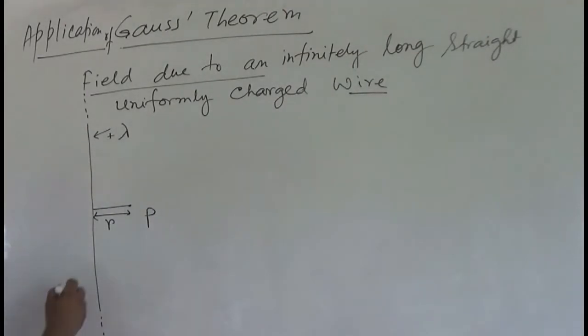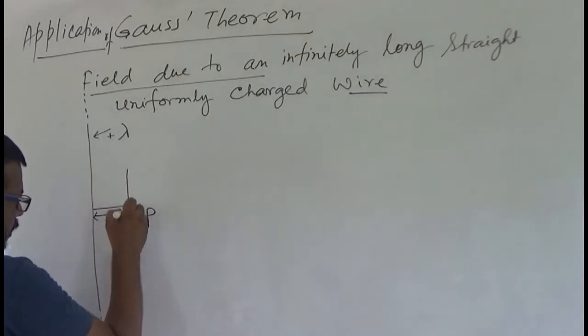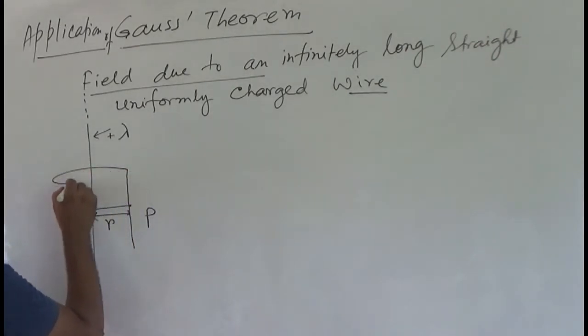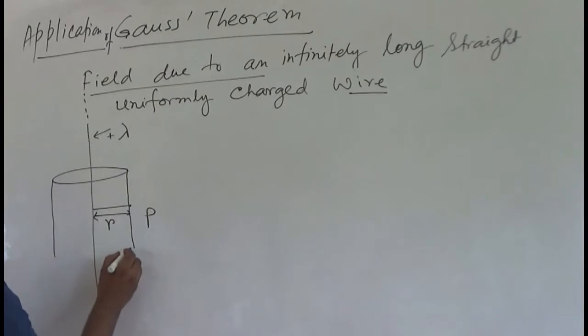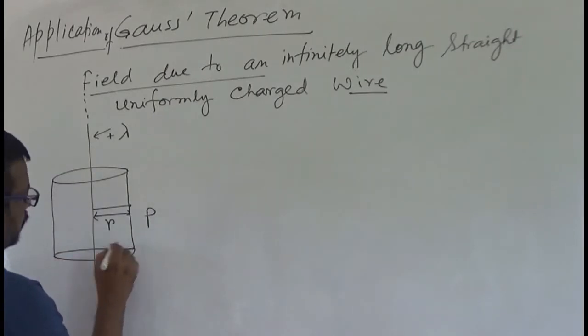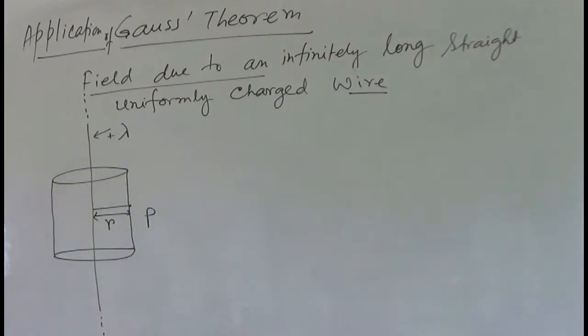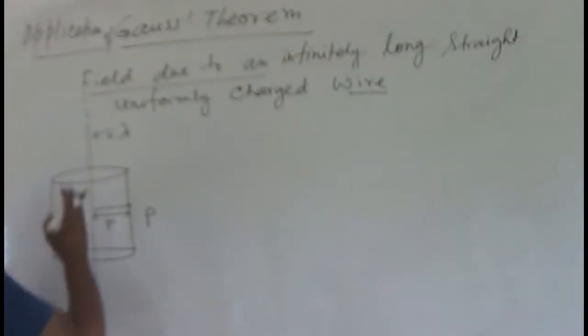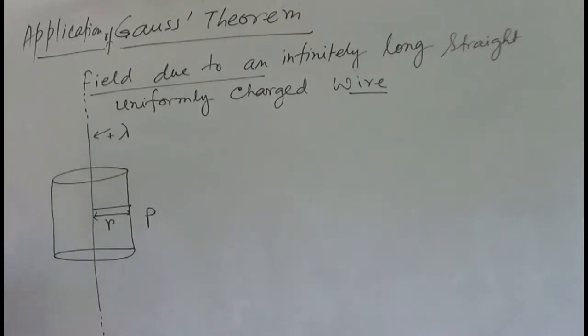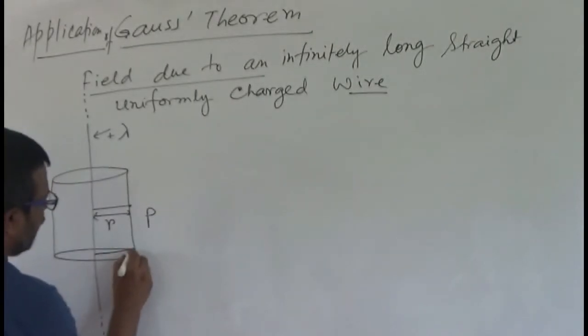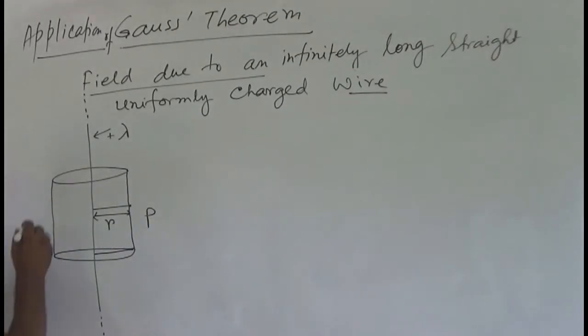To calculate the field at P, let us consider a closed Gaussian surface, and we take this Gaussian surface as a cylindrical surface whose axis is the wire, and the radius of the cylinder is r, and the height of the cylinder is a.